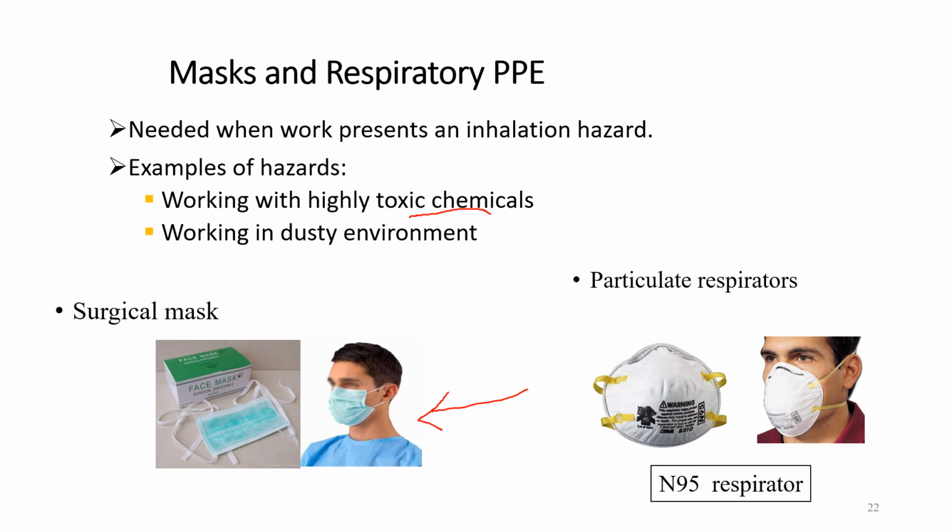And in severe cases, for example, we have the N95 respirator, which is more powerful and can provide better protection. They are used under severe conditions, but normally the surgical masks are used for normal activities.